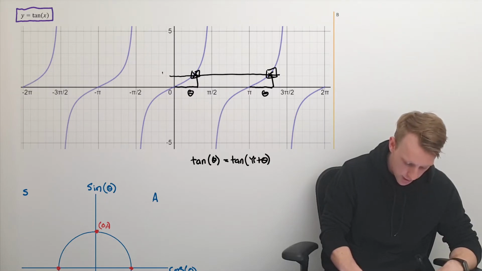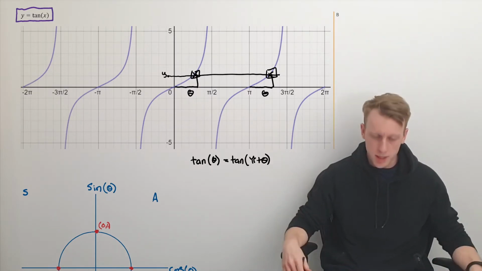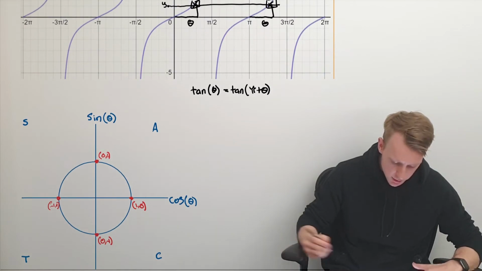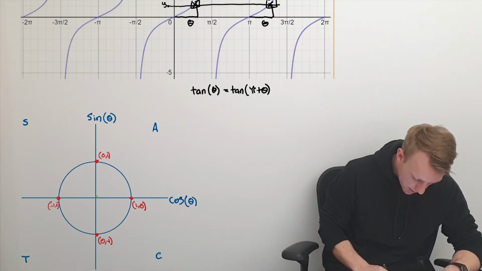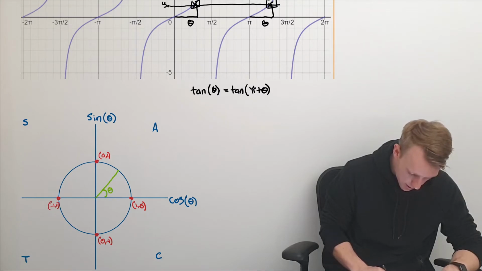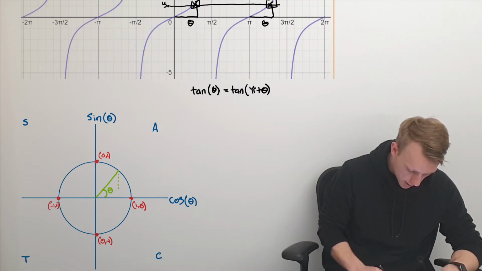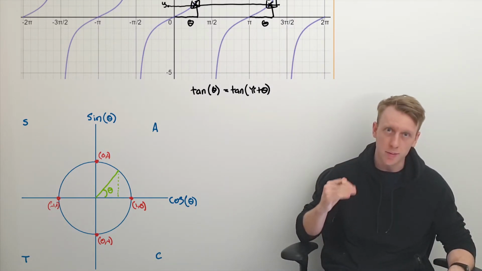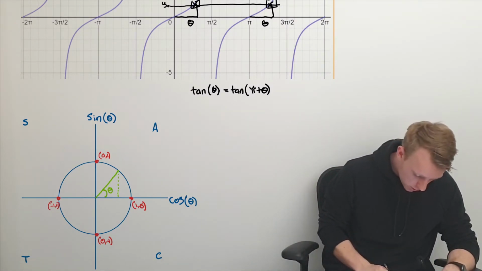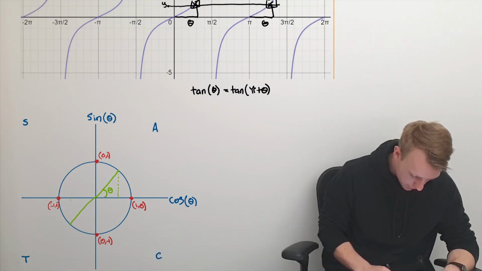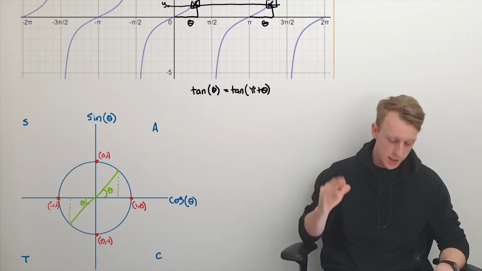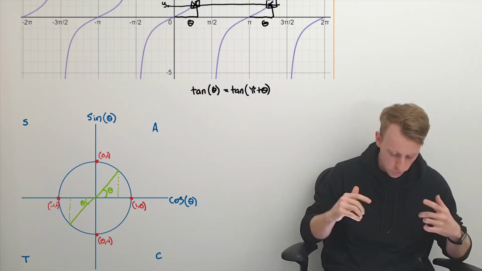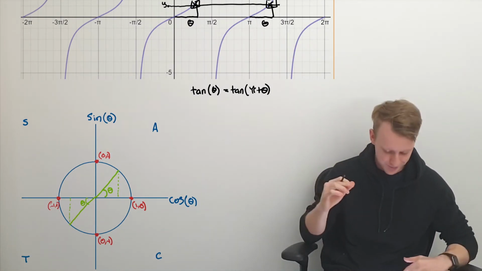This guy and this guy, whatever that y value is, that's what it's going to be. And again, we can see this on the unit circle. If you go out some angle here, the value for tan, that's the value of the gradient, right? That's sine divided by cos. You can just extend this out. You actually get the same gradient here, but you have to consider it for this angle again, which is why we always connect it to the x-axis. So hopefully that's crystal clear.